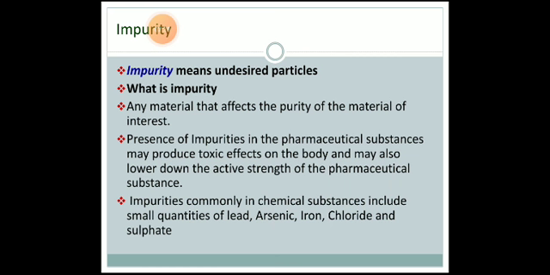Impurities commonly found in chemical substances include small quantities of chloride, sulfate, arsenic, iron and lead. So to overcome these, we need a pure substance, and we go for a limit test for these substances.